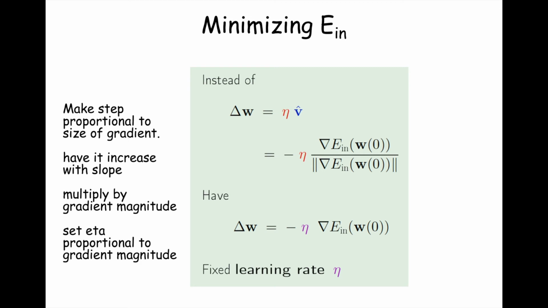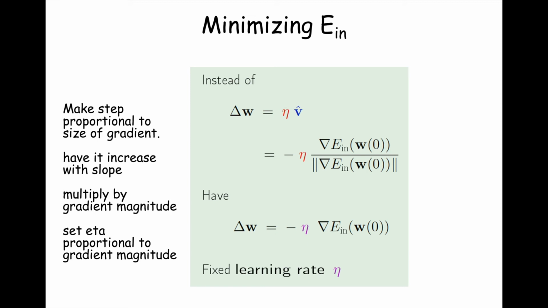So we have now our minus eta, and we have our gradient En at W naught over the magnitude of En at W naught. Okay, this is our original expression. And this does not scale, right, this step size with the magnitude of the gradient.